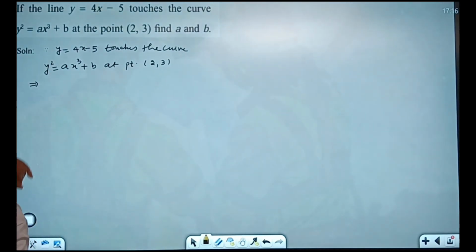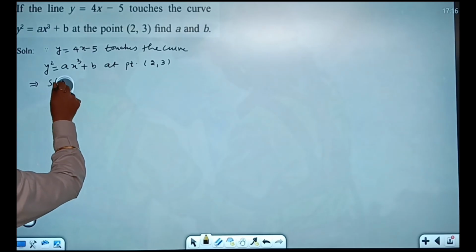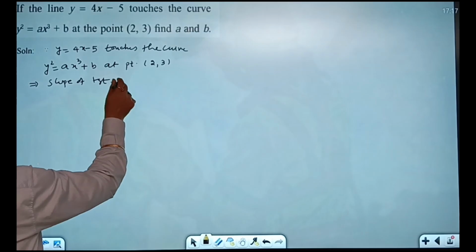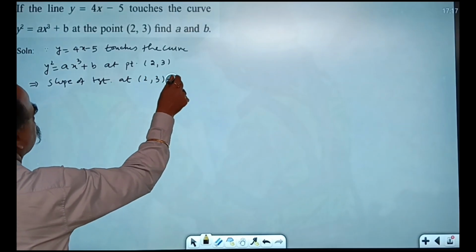The slope of this line is 4. Therefore, slope of tangent at 2, 3 is equal to 4.